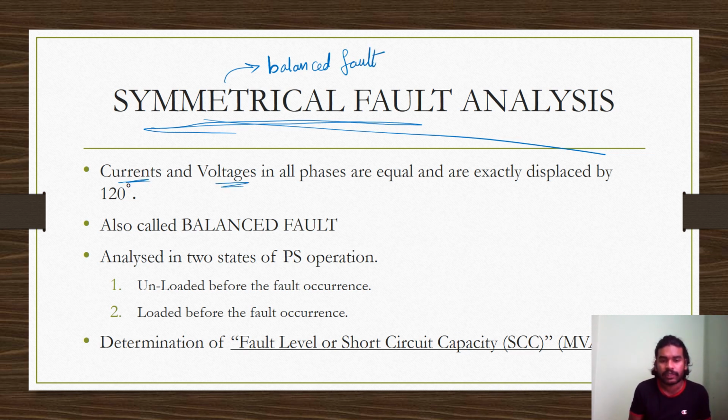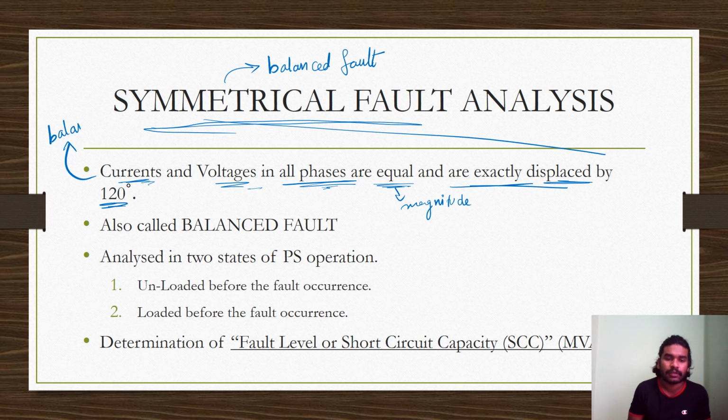Currents and voltages in all phases are equal in magnitude, as well as exactly displaced by 120 degrees. This is the condition for any balanced three-phase system. Therefore this fault is also called a balanced fault.